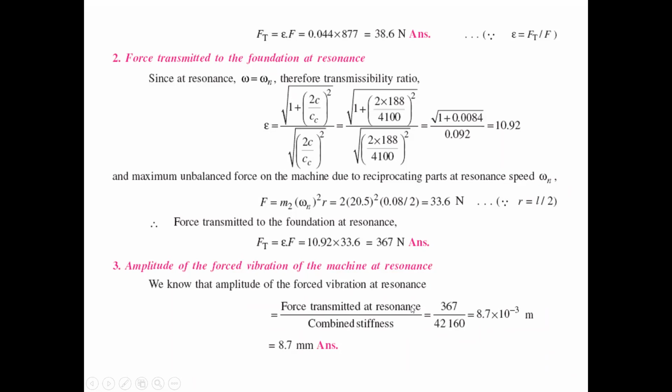The force transmitted at resonance is 367 and the combined stiffness is 42,160. Then the value is 8.7 into 10 power minus 3 meters, that is 8.7 mm. The amplitude of the forced vibration at the resonance level is 8.7 mm.